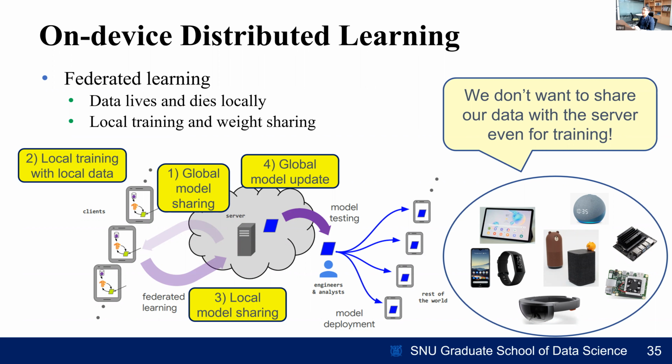This is called FedAvg, the very first algorithm in federated learning. But magically, it just works. By averaging all these weights, the global model's performance is improved gradually. It's kind of interesting, right?